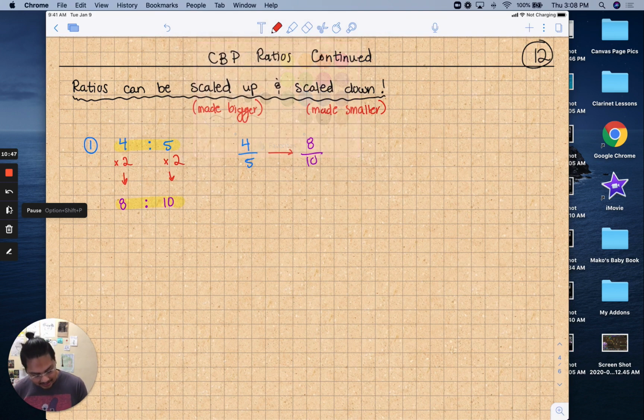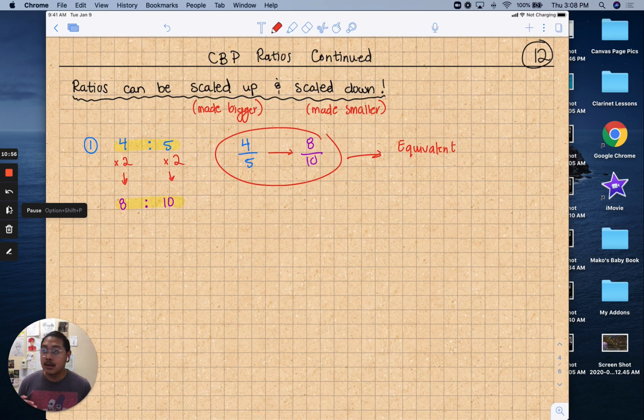I'm going to write that down. These are equivalent fractions, or they're fractions that mean the same amount. They just look different, right? So I'll call them equivalent fractions, but in parentheses, we're also calling them ratios. So these are equal to each other. They mean the same exact thing, they just look different. And that's what happens when we scale ratios up or we scale ratios down.